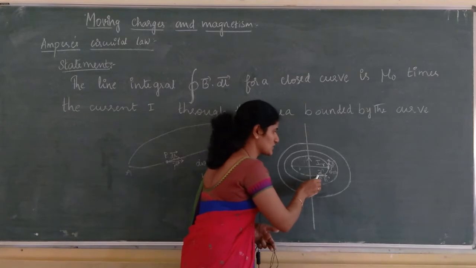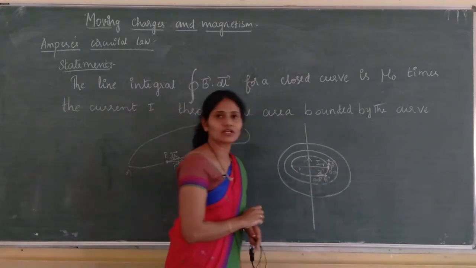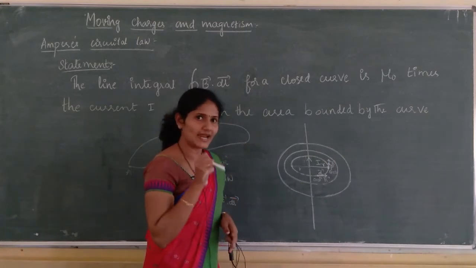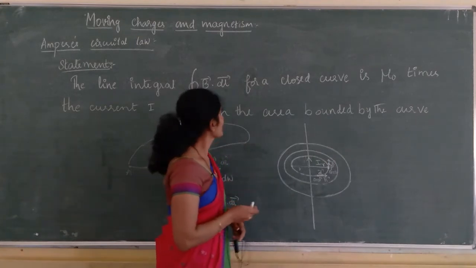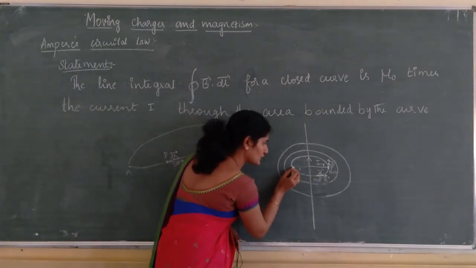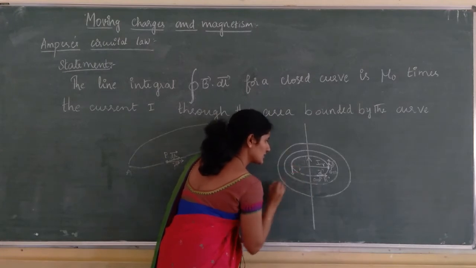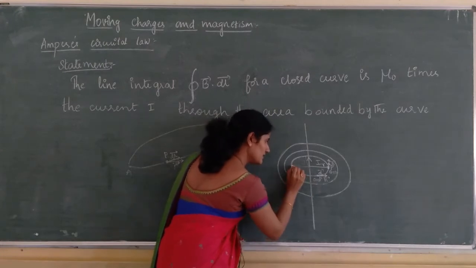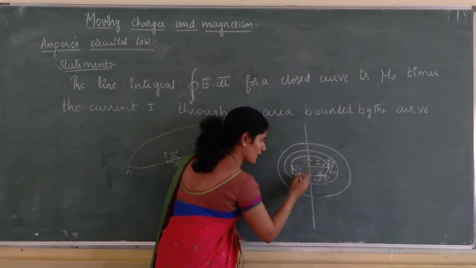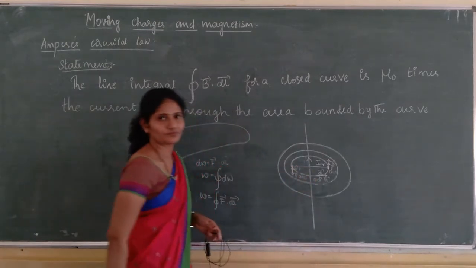In order to get the direction, you have to draw one tangent at the point. That tangent will give you the direction of the magnetic field at that point. So, if you want to find the direction of the magnetic field here, you have to draw one tangent here. This is the direction of B and this is the direction of dl, again dl vector and B vector. So, at every point the angle between the B vector and the dl vector is 0.